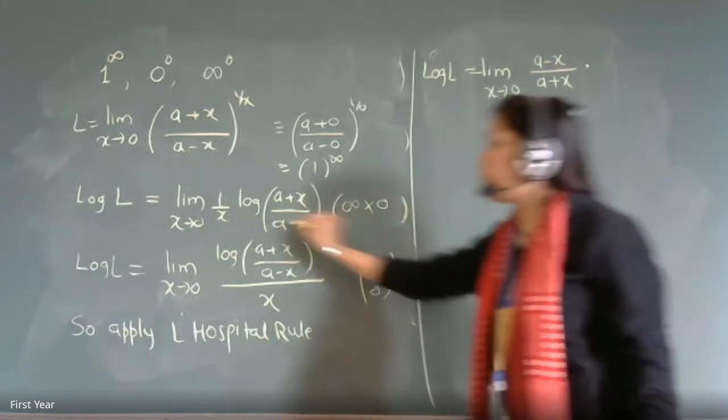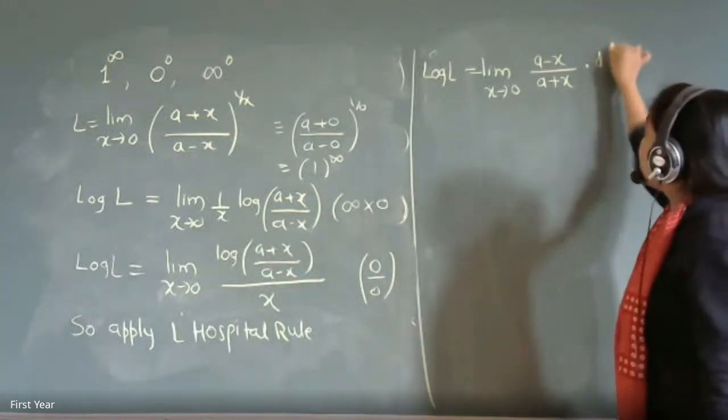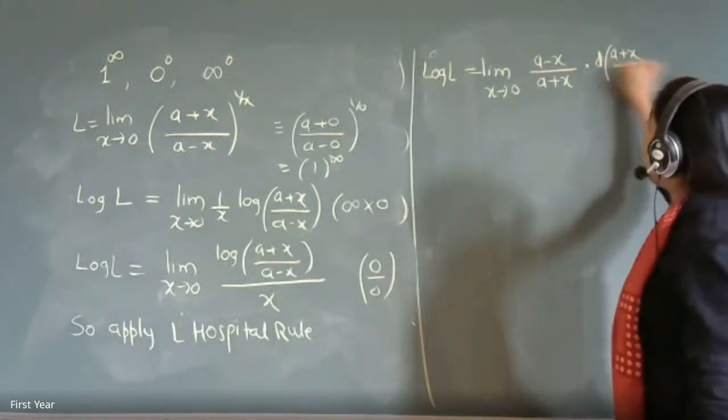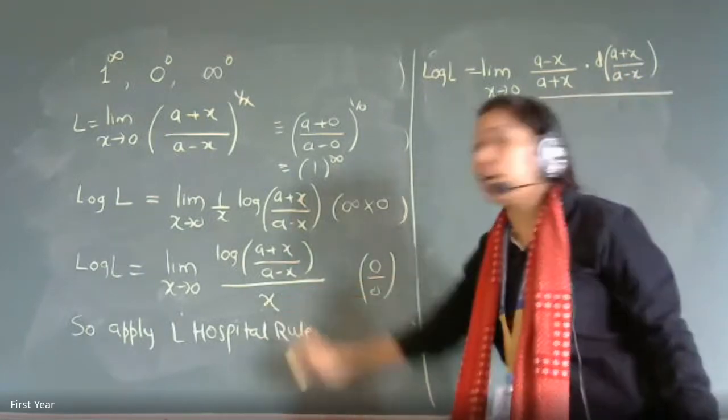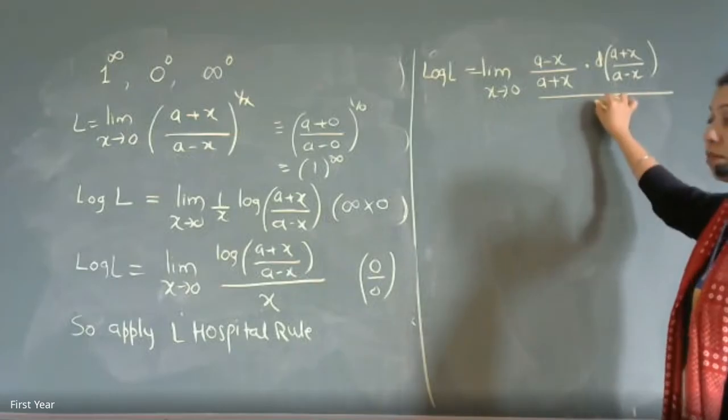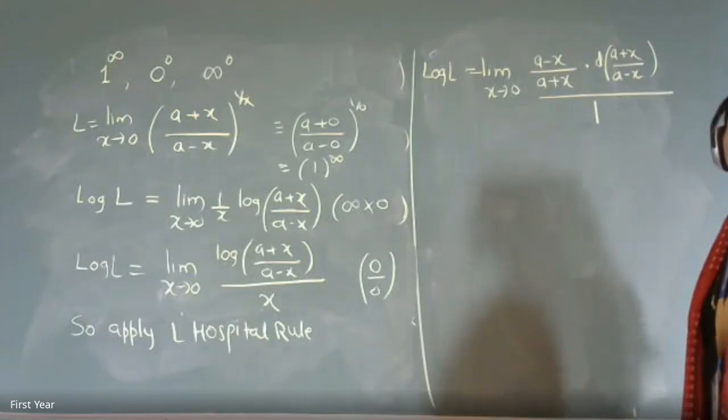Into the derivative of this function, the derivative of (a plus x) upon (a minus x). Here I am going to use the u by v rule. And what's the derivative of x? 1. So the derivative of x is 1.